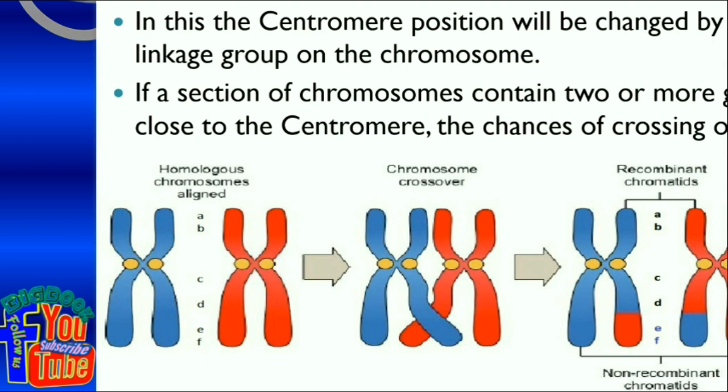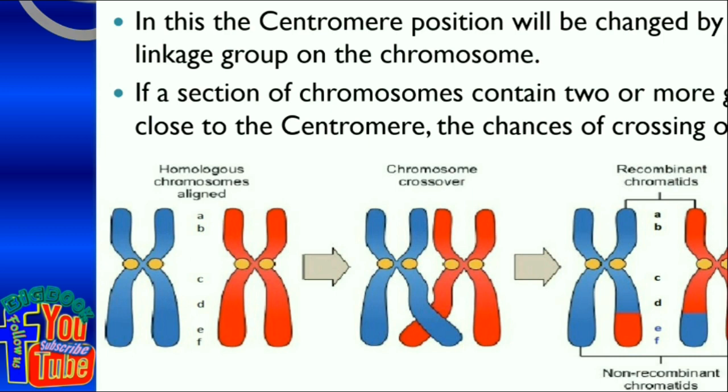So here the genes nearby the centromere are B and C. When you consider crossing over at this location, it is very rare.